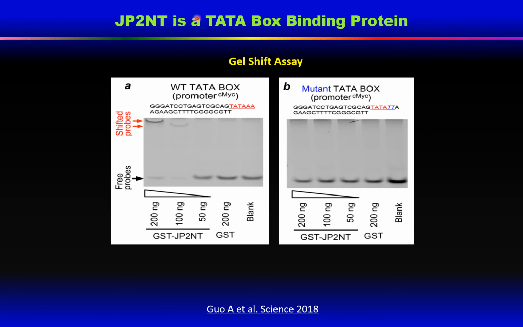Indeed, in vitro gel shift assay using purified recombinant JP2NT revealed that JP2NT directly binds to the TATA box. Here in this slide, you can see that the GST-fused JP2NT can bind and shift the mobility of DNA oligos containing the wild-type TATA box, but not the mutant TATA box.